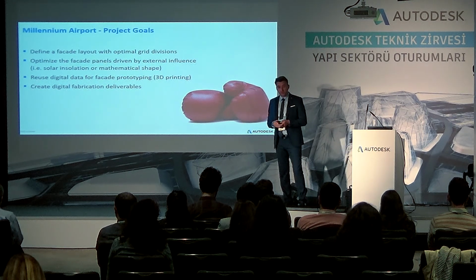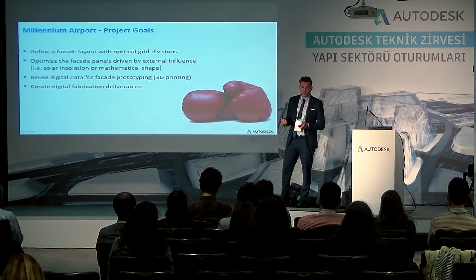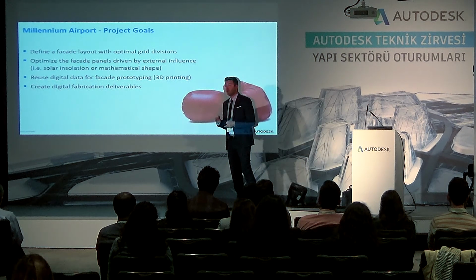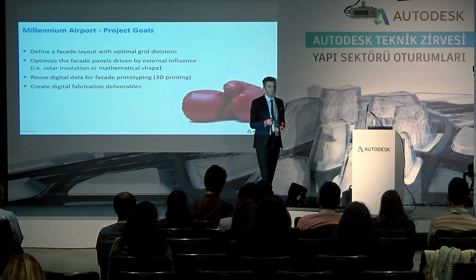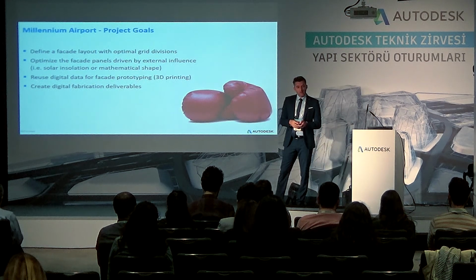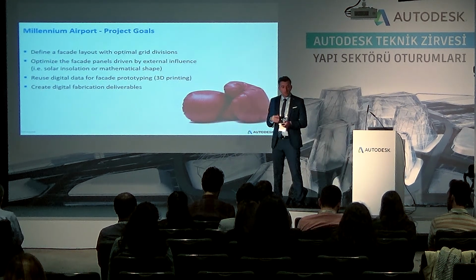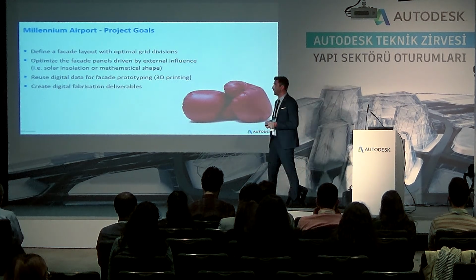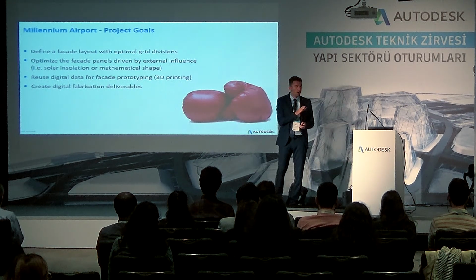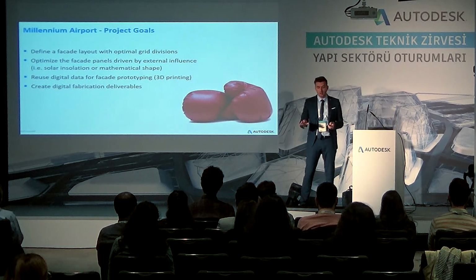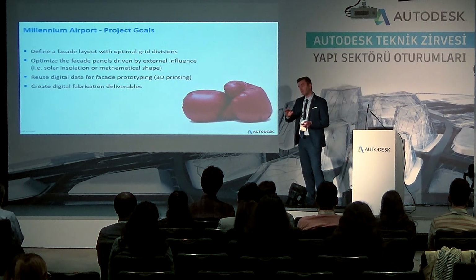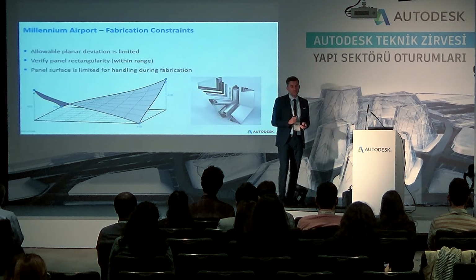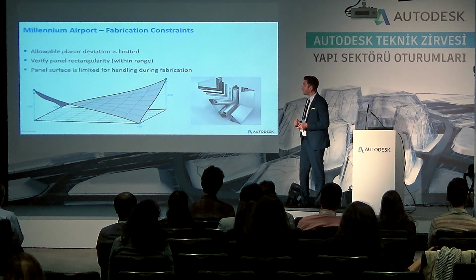So another goal is to reuse the digital data for facade prototyping, for 3D printing. So basically, we can even create mock-up models of the facade using 3D printing. And also, another goal is to link the design process to the fabrication process. So we have a continuous flow of data from the design process all the way to fabrication. These are the 4 major goals, and let's see how we can achieve that.